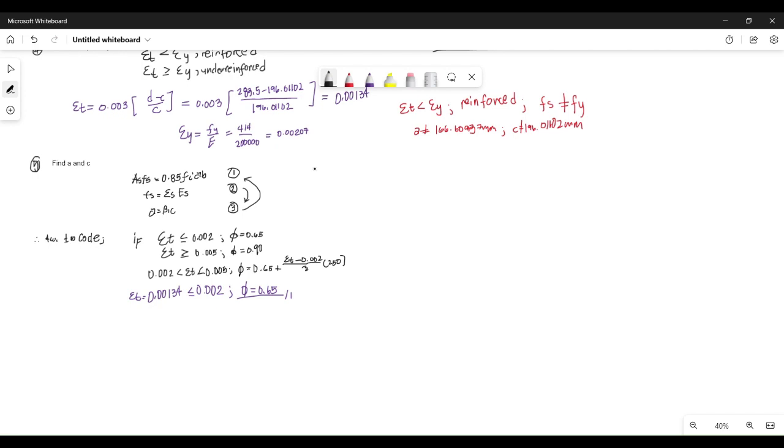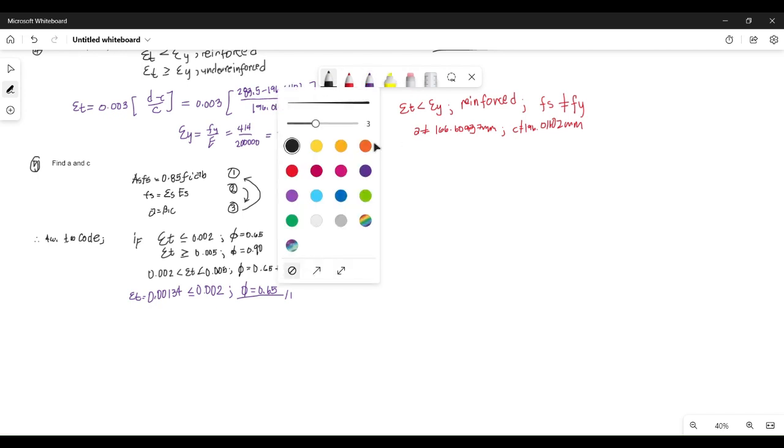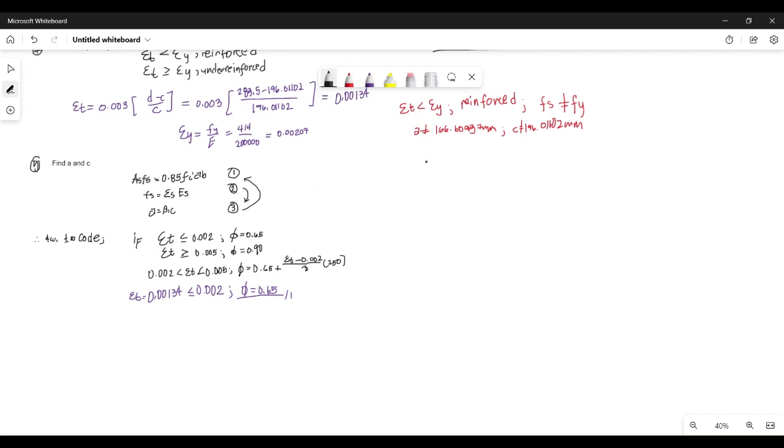So, As times value ng Fs, this is strain S times Es, equal 0.85 Fc prime times yung A, value ng A natin dito is beta 1 times C, times B. Okay?